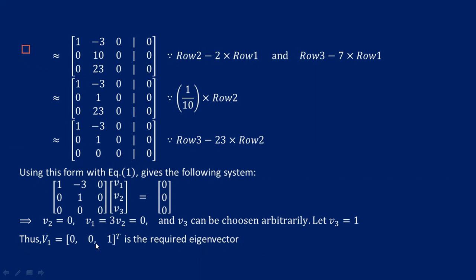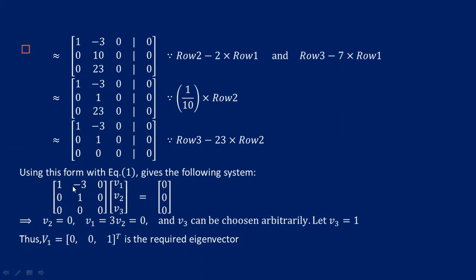So here v2 is equal to 0, because this vector is v1, v2, and v3. This column is for v1, this column is for v2, and this last column is for v3. In the third row all the elements are 0. In the v2 column the entry is 1, so v2 is equal to 0, because our right hand side is 0.